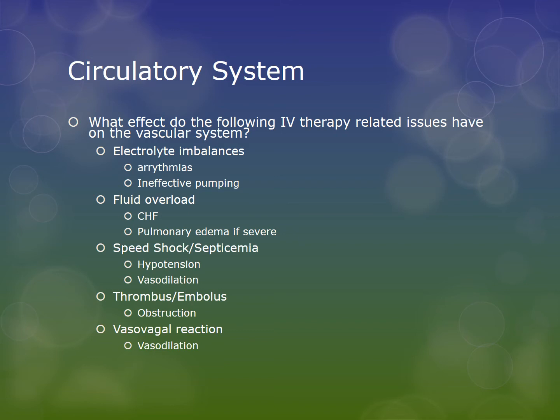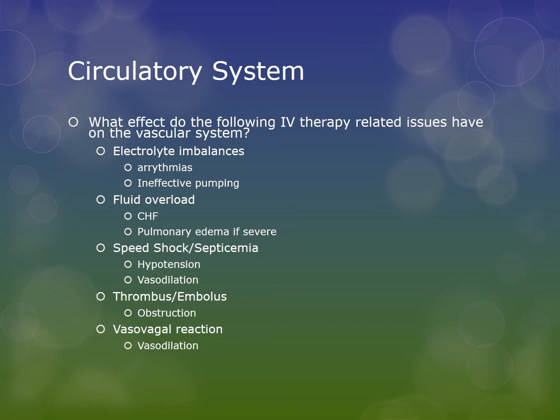And then remember, if CHF is bad enough and our kidneys aren't kicking in and voiding out any extra fluid, then we're also going to have the possibility of pulmonary edema. If that pulmonary edema goes epically severe, it can actually lead to a pleural effusion as well.